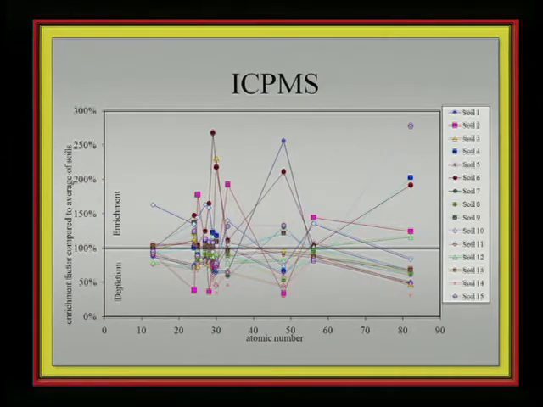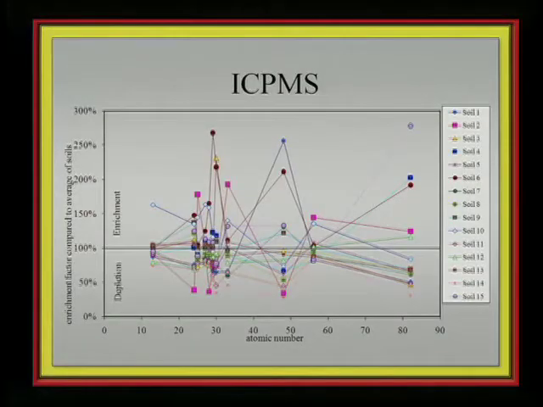So I got a lot of information like this. This is only a small portion of the ICPMS data, but what this basically does is it has an enrichment factor compared, it emphasizes the differences between these 15 soils. So I ended up with a great deal of data like that.